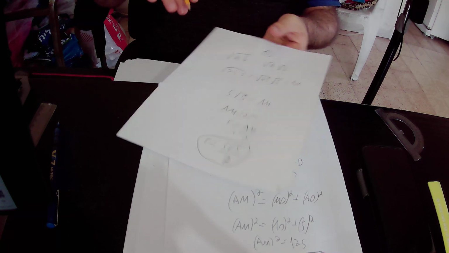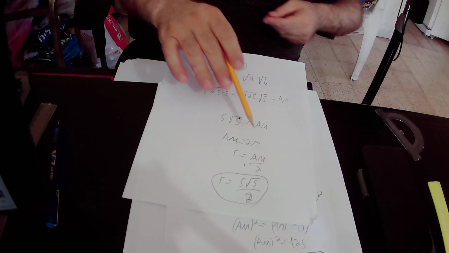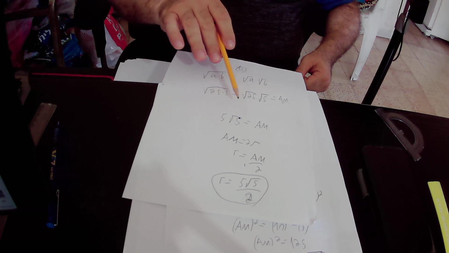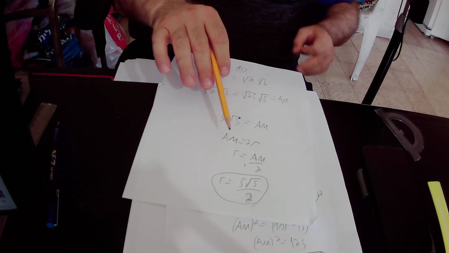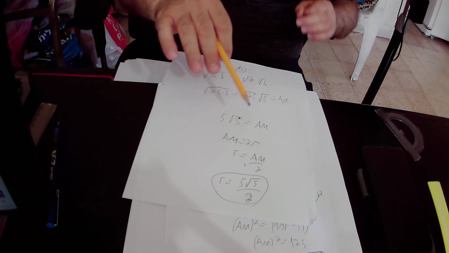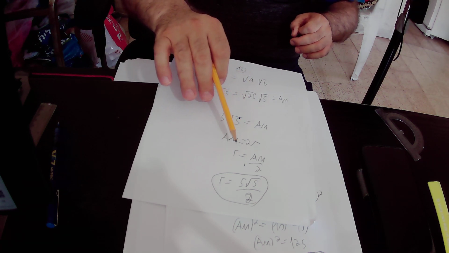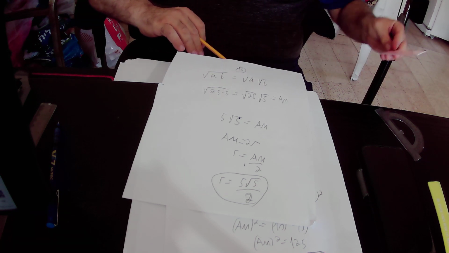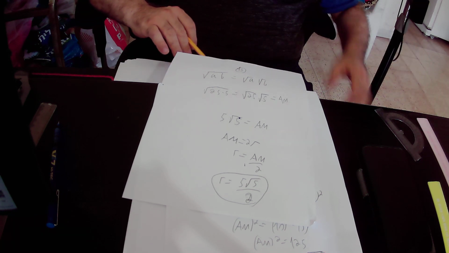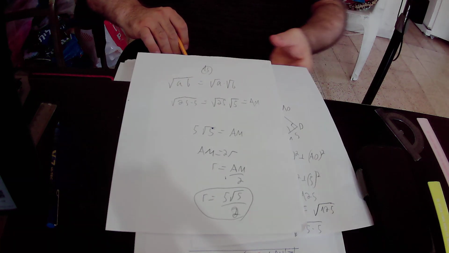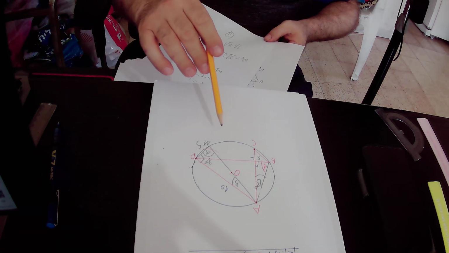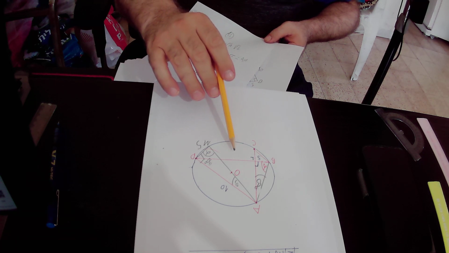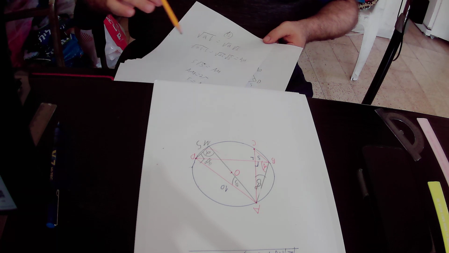We divided the diameter AM, which equals 5 times square root 5, by 2, and we got that the radius of this circle equals 5 times root 5 over 2. So that is the answer to the question: the radius of this circle equals 5 times square root 5 divided by 2.